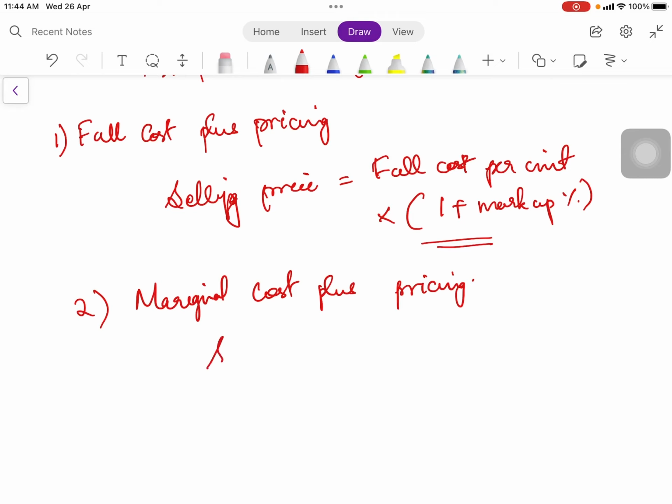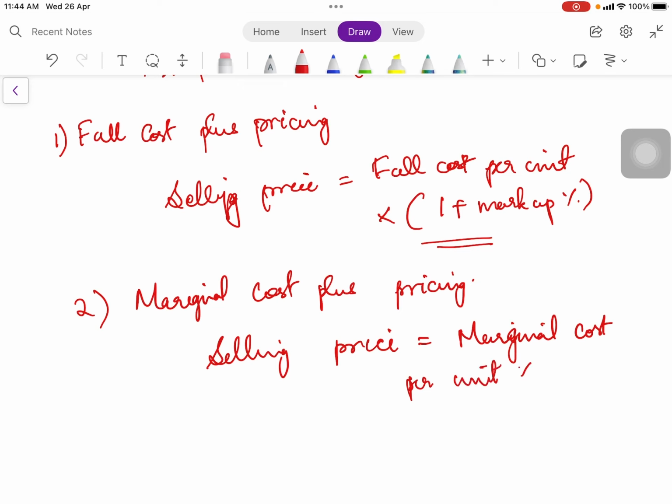So, under this, the selling price is going to be the marginal cost, whatever he has calculated, multiplied by 1 plus whatever markup percentage the company has to follow.